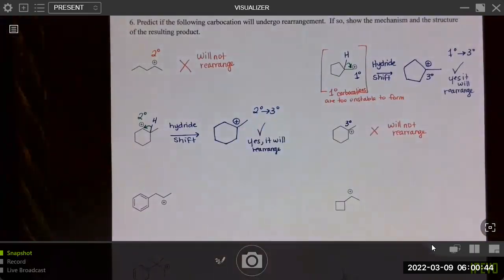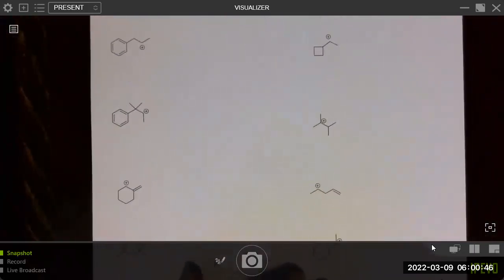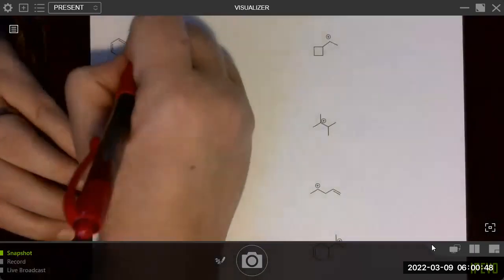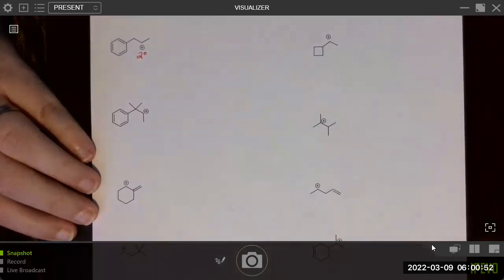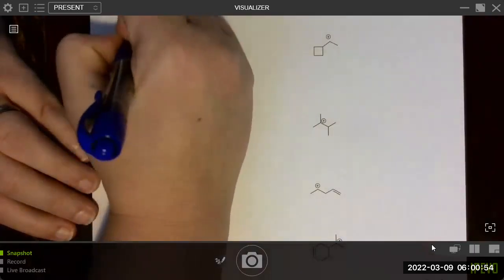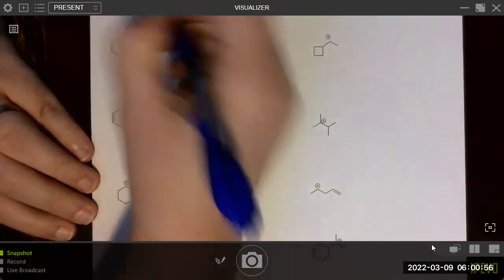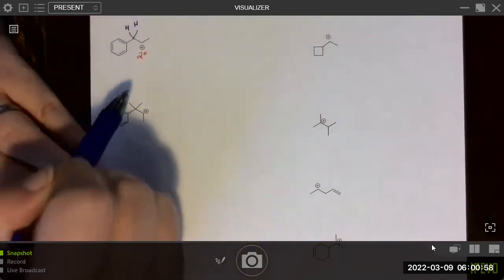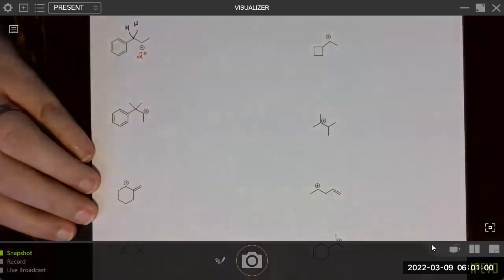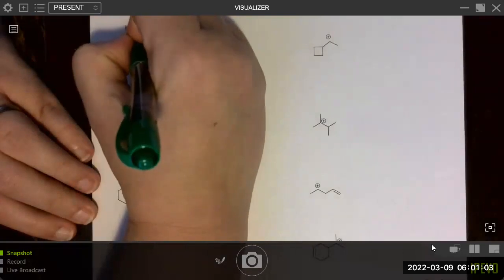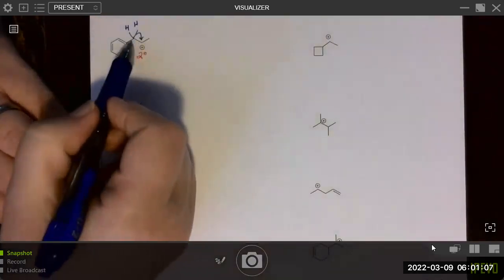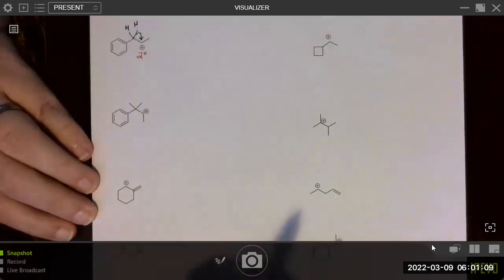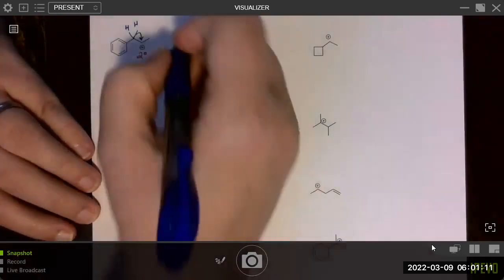All right, moving on. We have a secondary carbocation. We might think about doing a shift, but we would actually want to shift probably one of these hydrogens on the left, because while it will still give us a secondary carbocation, it will end up being resonance stabilized into the ring. We call that benzylic.